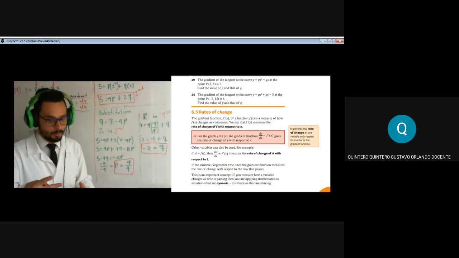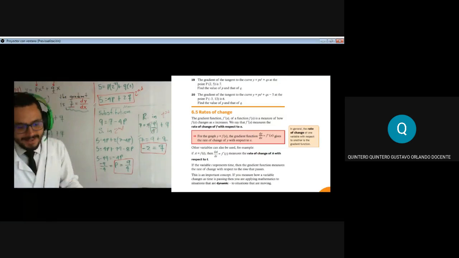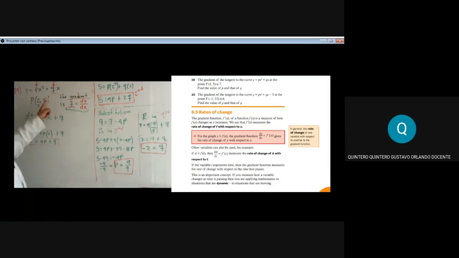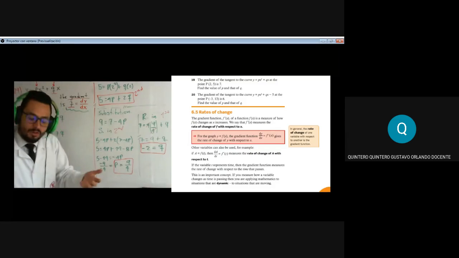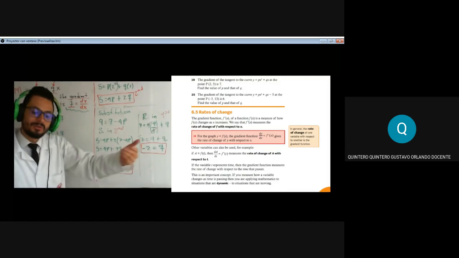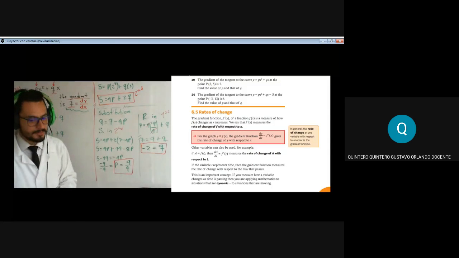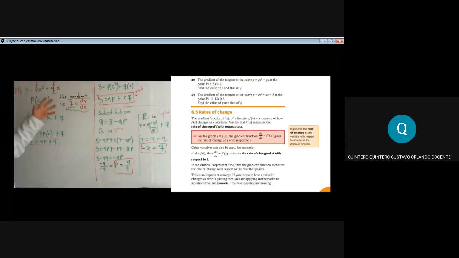Maybe in an exercise there is only one variable. Maybe the question is just find p. If you only need to find one, then you don't need to do the system of equations. So it depends on the question. But most of the time you have to do the system of equations.